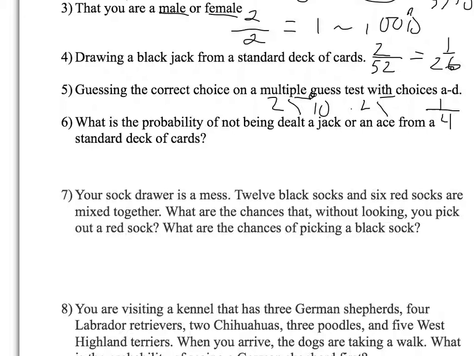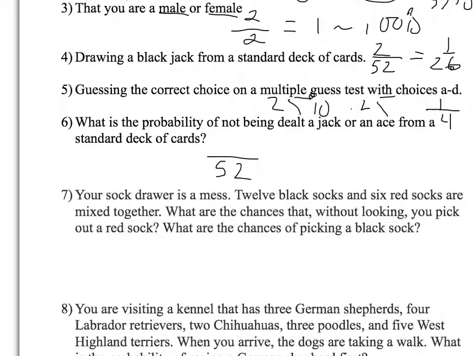Now, what is the probability of not being dealt a jack or an ace from a standard deck of cards? Well, okay, standard deck of cards, there's still 52. Now we want to think about what are the cards that are not jacks or aces. We have 2, 3, 4, 5, 6, 7, 8, 9, 10, queen, and king.